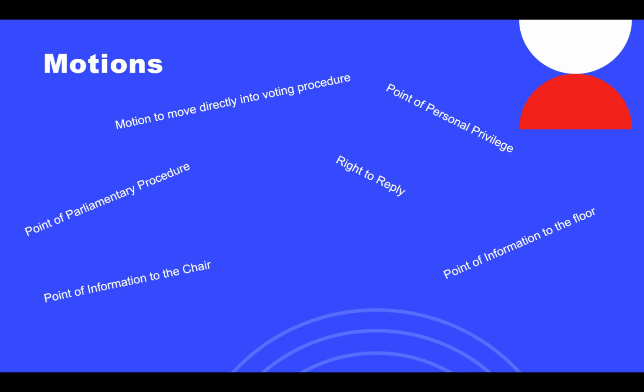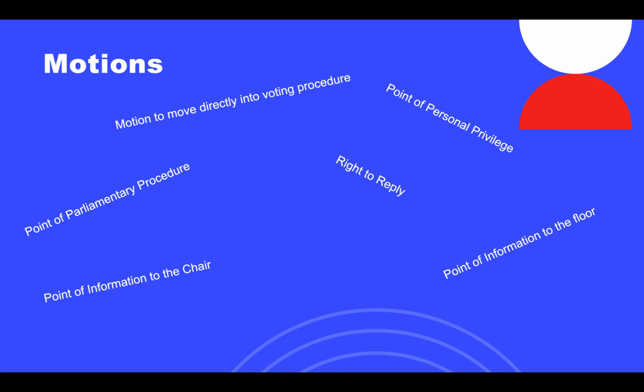So there's also a couple of different motions that you can do, which spice up what can actually be done on the floor. Here are the main ones. A motion to move directly into voting procedure does what it says on the tin. If you're talking about an amendment and you think it's obviously going to fail, or obviously going to pass, then you can just shout out on the floor once no one is speaking, motion to move directly into voting procedure.